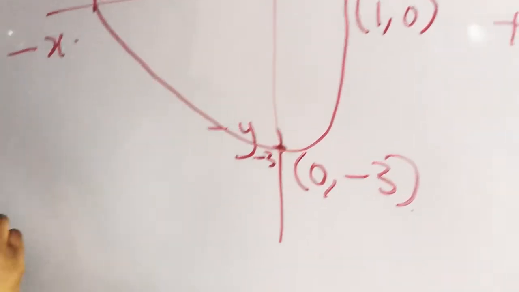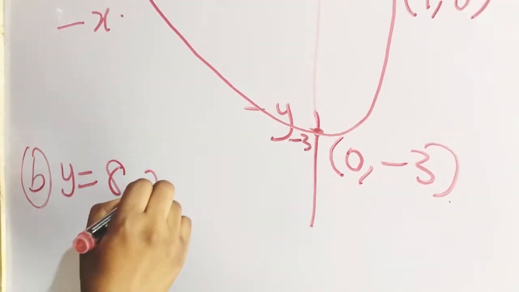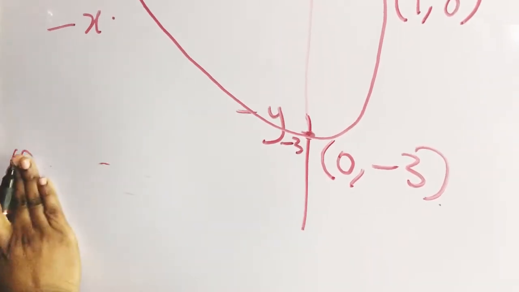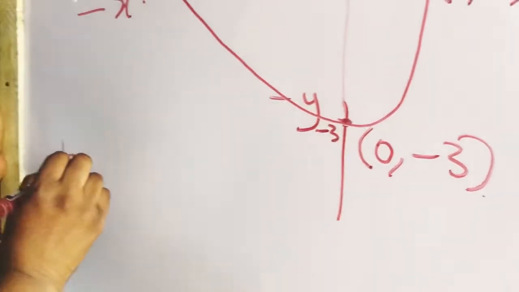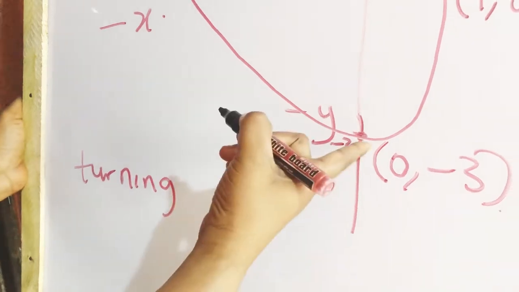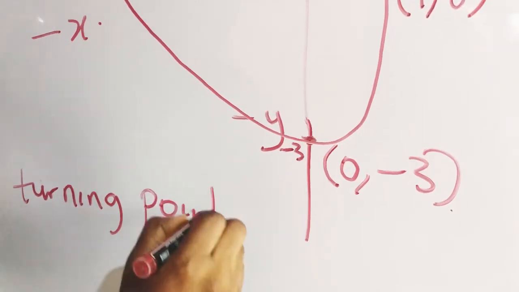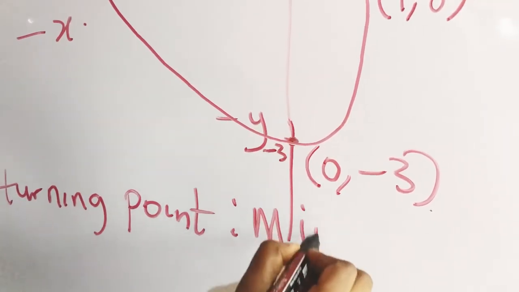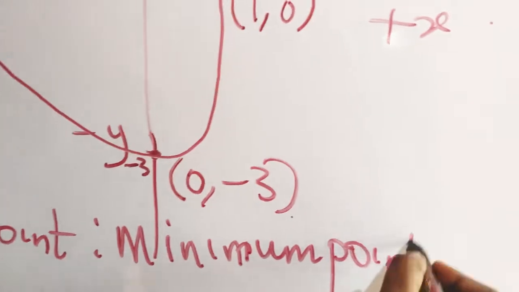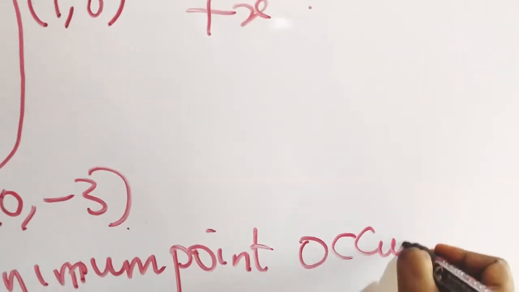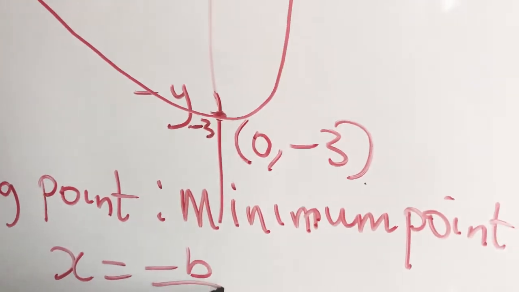So number 2, B, y is equal to 8 minus 2x. Okay, they ask us to find the turning point also. The turning point is the minimum point, because here a is greater than 0. The turning point, which is the minimum point, occurs when x is equal to minus b over 2a.